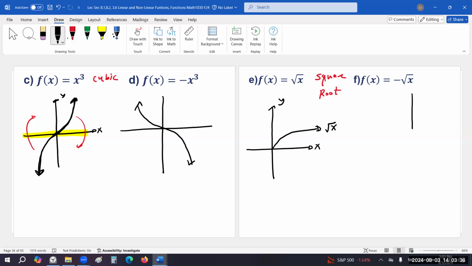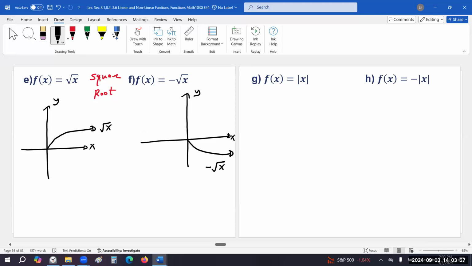The same graph, if you reflect, it goes downward on the negative side. So this is negative square root of x. Memorize them, okay?